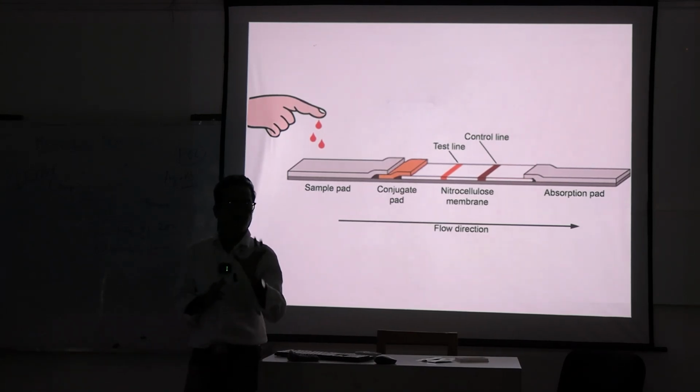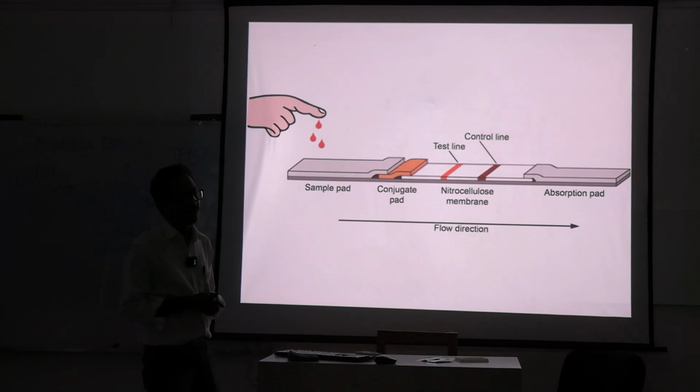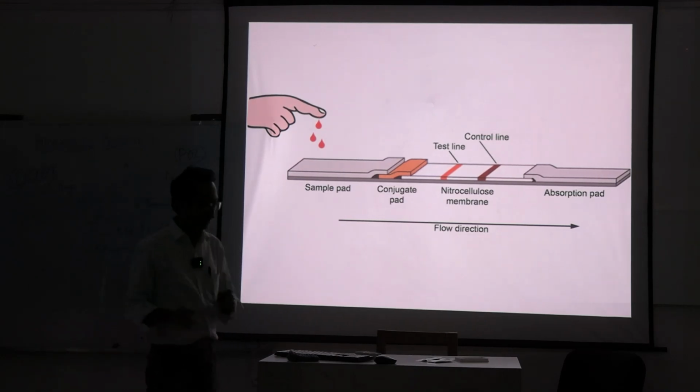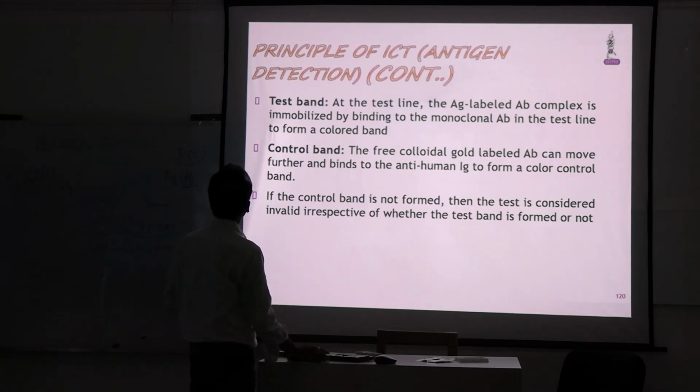In the control line there is a non-specific anti-human immunoglobulin, anti-human IgG, so that you know the serum has been placed.